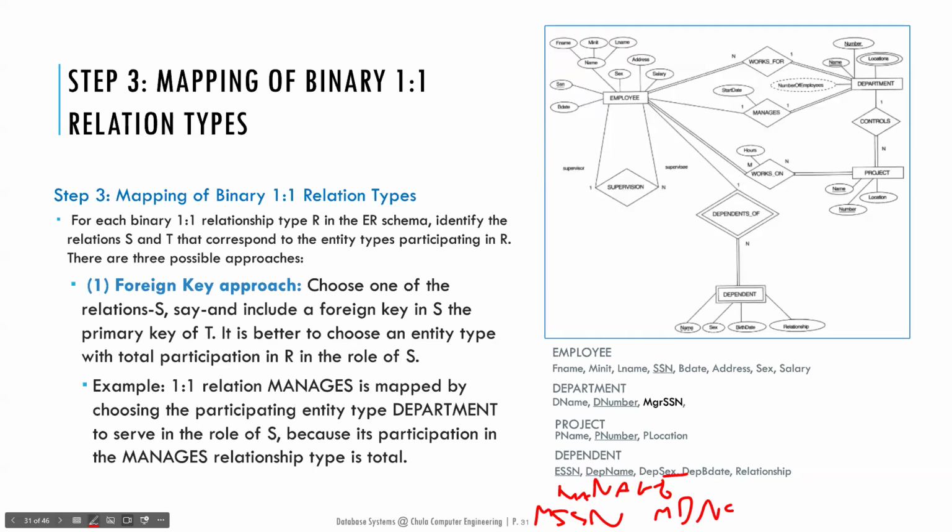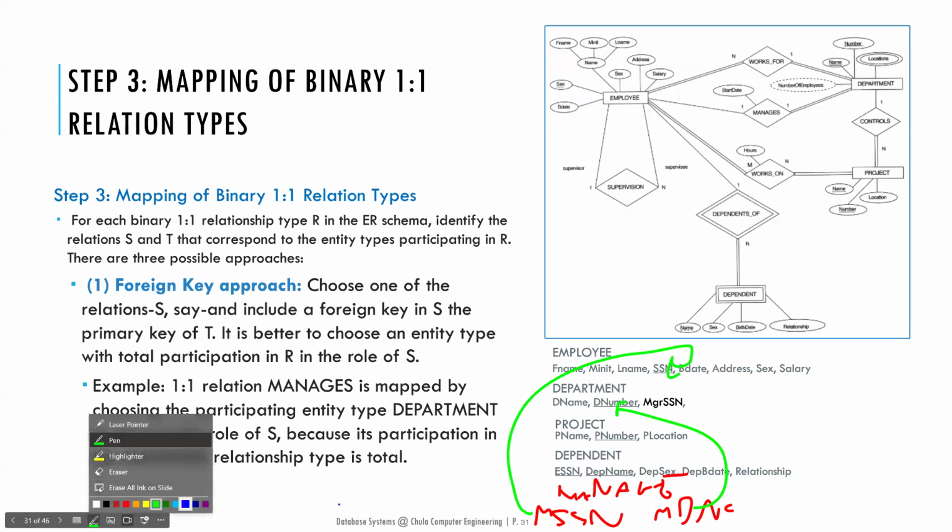And then next step, what I do is I'm gonna do foreign key to link this to SSN and link this to the number, but I have to discard this because this came from option 1, right? So if I do option 3, the final would be employee, department, project, dependent, and then this manage, the new one with these two. But I have to underline these because they would compose composite key for this third option.